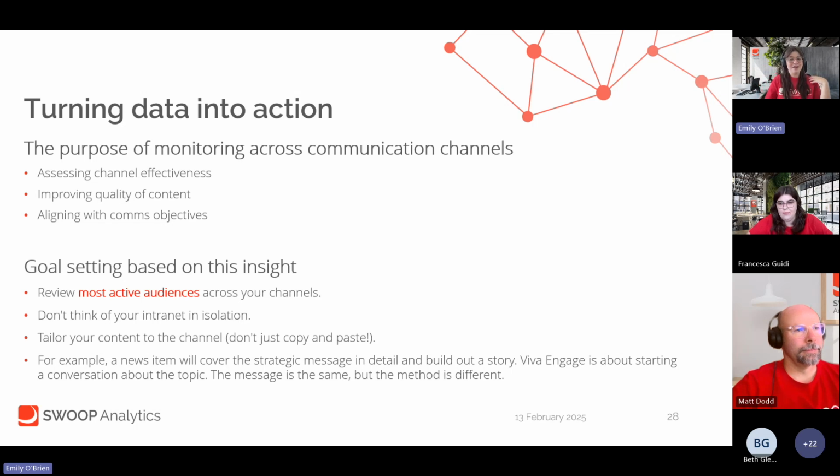And then on Viva Engage, it's starting a conversation about that particular update, inviting more people in to contribute, building on more of that collaboration and two-way relationships for whatever the topic of the story is. The overall message can be the same, but the method in which you're sharing it is going to be different.